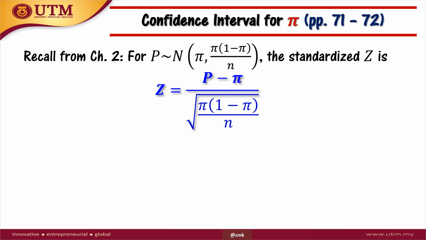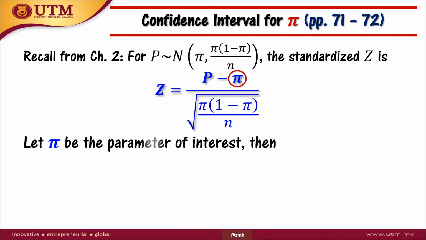Again, the sampling distribution of p and the standardized Z formula are both provided in the statistical table and formula in pages 2 and 3 respectively. Our focus here is on pi in the numerator. And let this pi in the numerator be our parameter of interest.